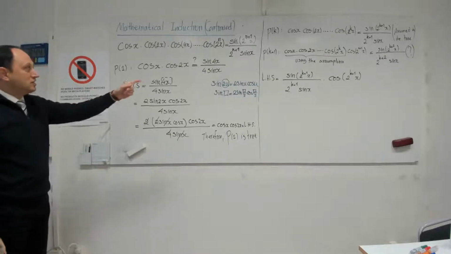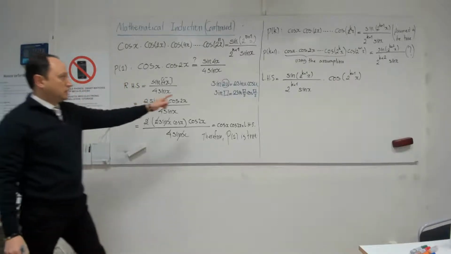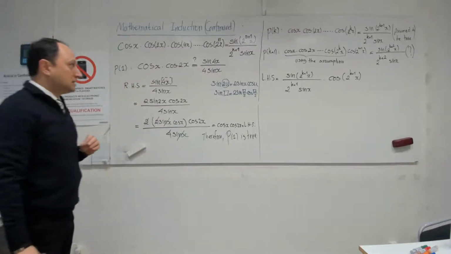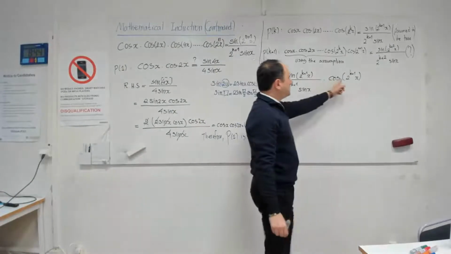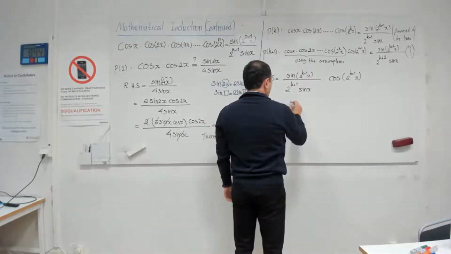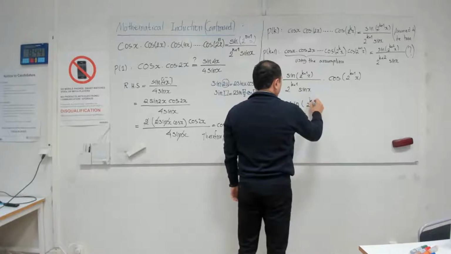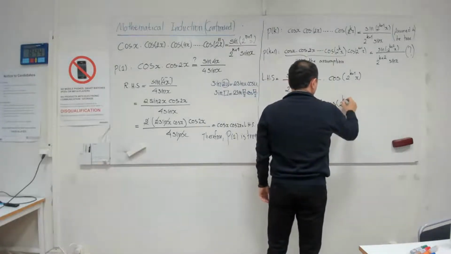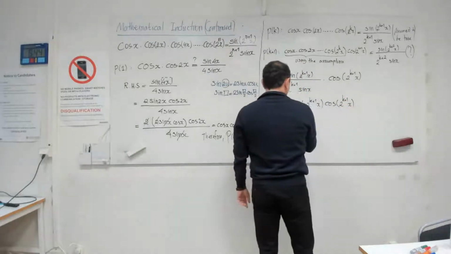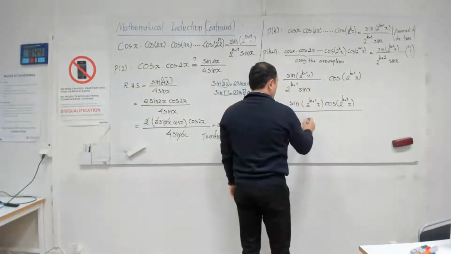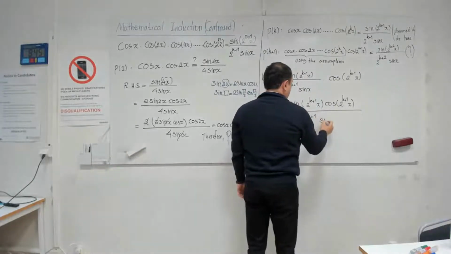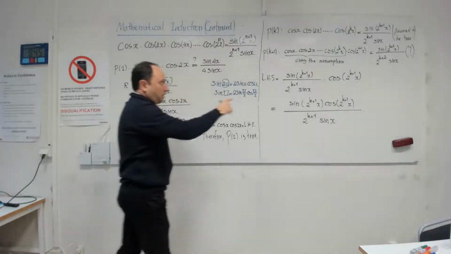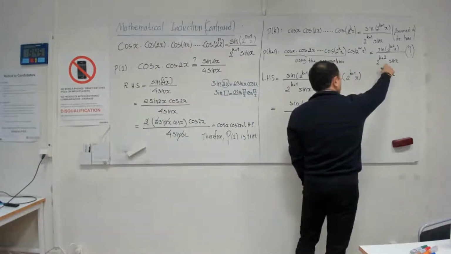I would say this is easier than P1 in this case, if you realize what I said here. Okay? So here, this one will be multiplied by that one. So this becomes sine 2 to power k x multiplied by cosine 2 to power k x, and then divided by this expression, which is 2 to power k sine x. Okay, you need to have an eye on the right-hand side. So this is your goal.